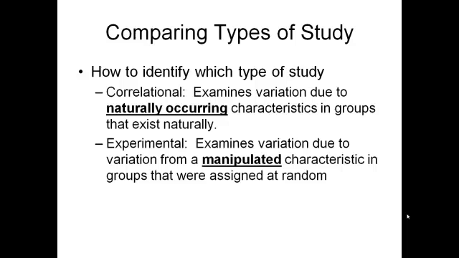So aspects about someone's personality are usually naturally occurring, which means that correlational research is going to be very commonly used among personality psychologists. If there is a characteristic that can indeed be manipulated, then you can try to do an experiment. And an experiment is more powerful in that it can tell you cause and effect, while a correlation can't.